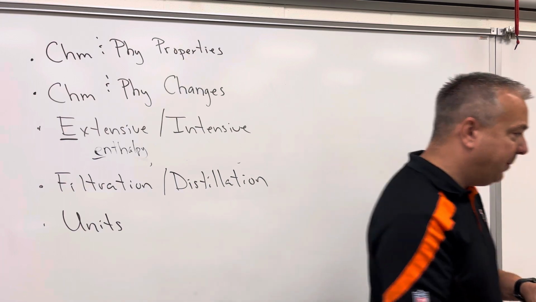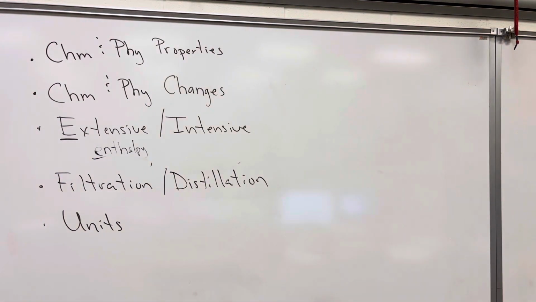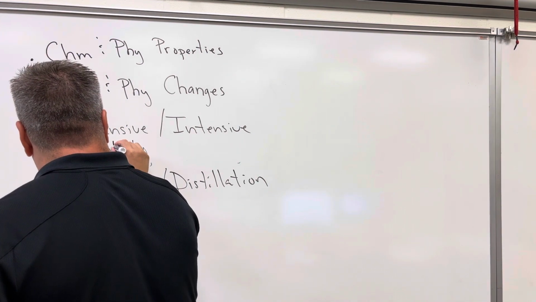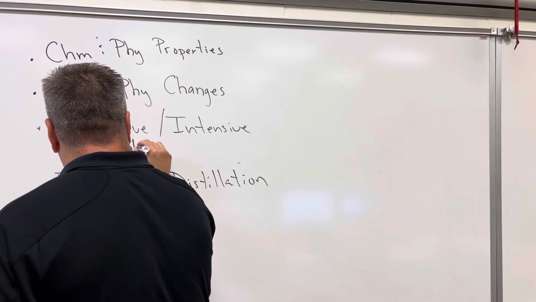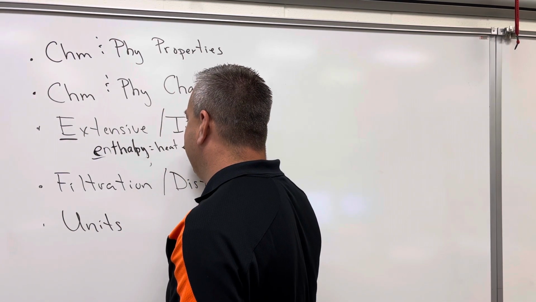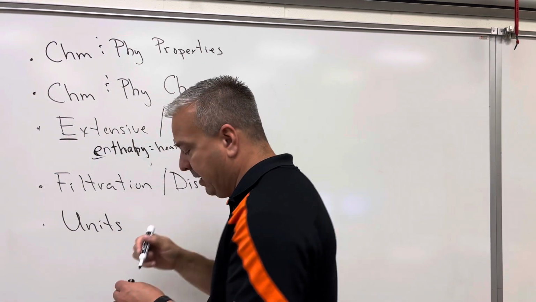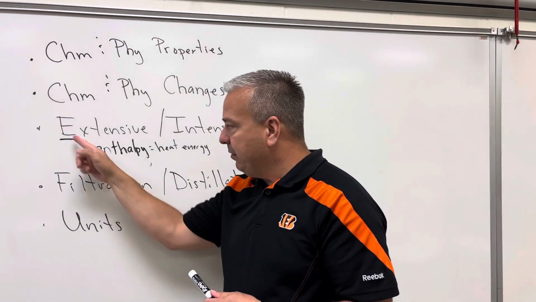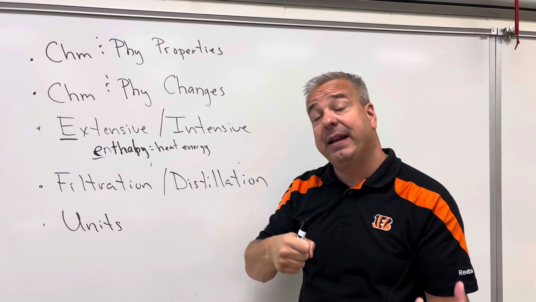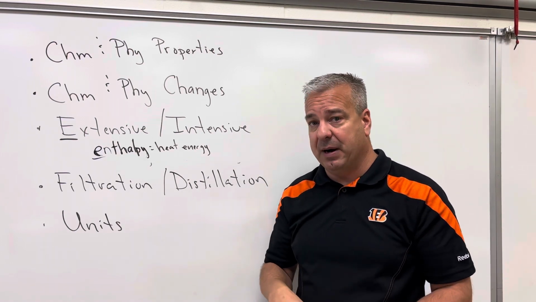I'm gonna grab a better marker because that didn't show up well. Let's try that again. And enthalpy is heat energy. I'm matching up the E in enthalpy and the E in extensive to get you to remember that enthalpy, or heat energy, is an extensive property.